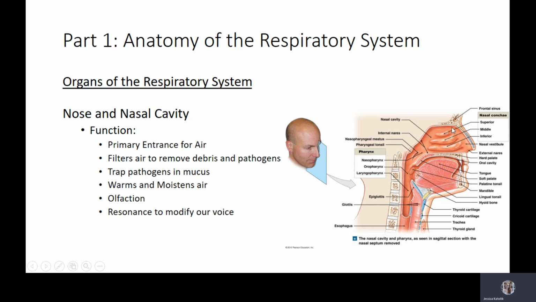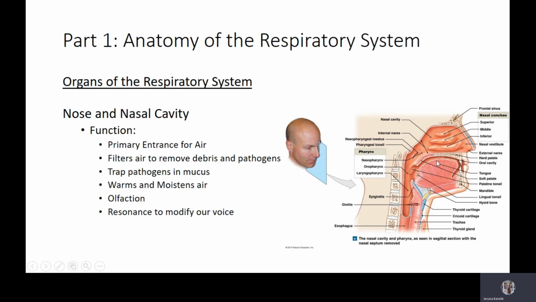But when we're talking about the respiratory system, its primary function is going to be the entrance of air. Air is going to enter the nasal cavity through the nose, travel through the nasal cavity, and eventually go into the pharynx, the back of the throat. However, that is not the only passageway we can have air enter the respiratory system.